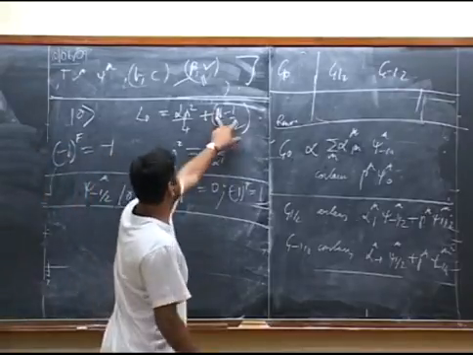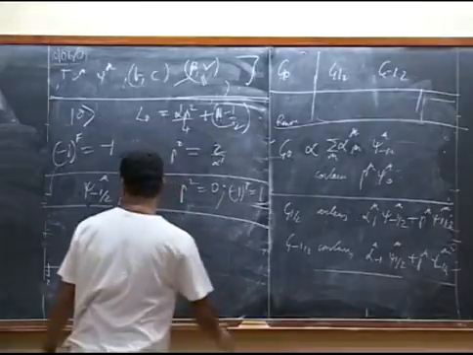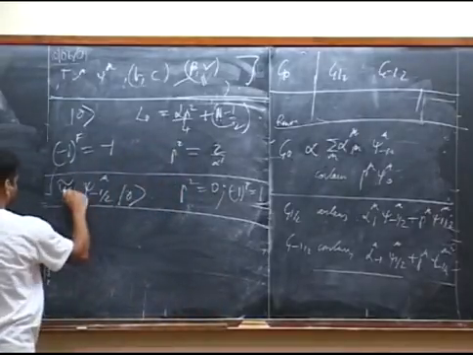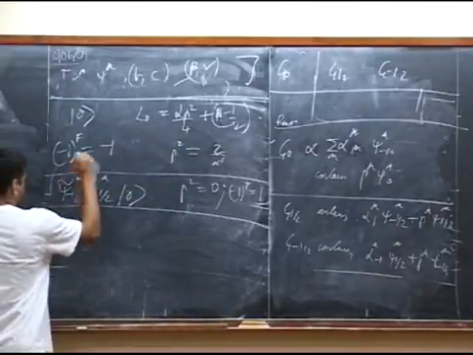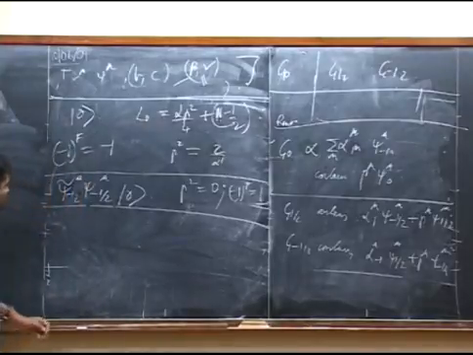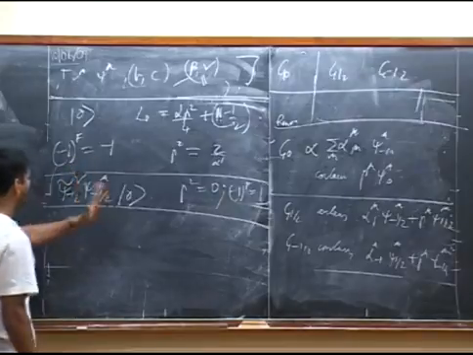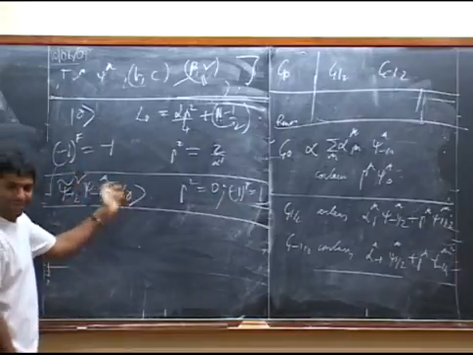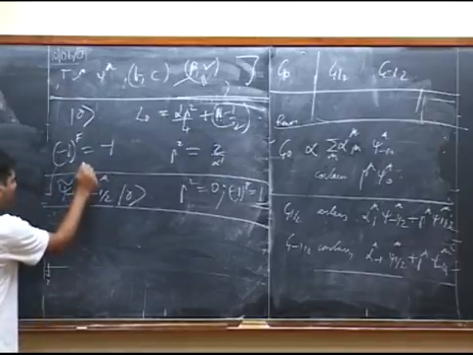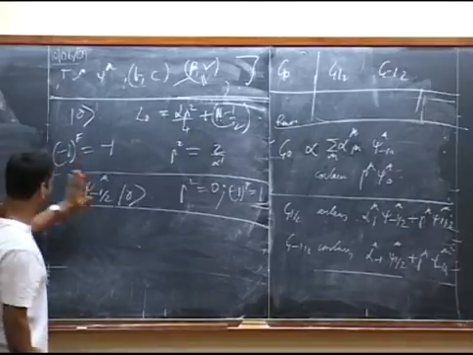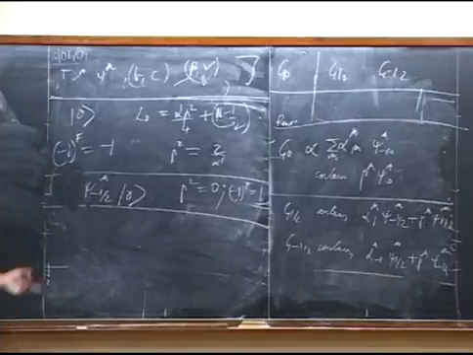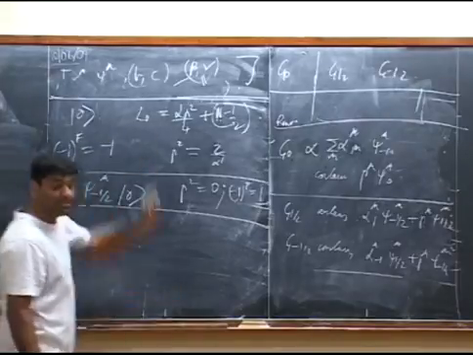So you've got a similar state on the right. We'll come back to the mixing between left and right in a moment. So these are the states that obey the L_0 condition.